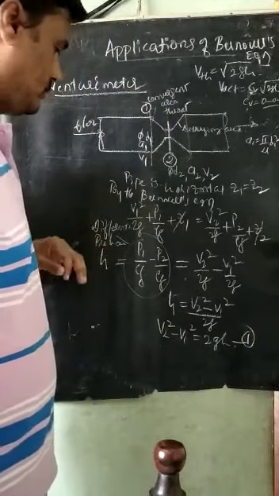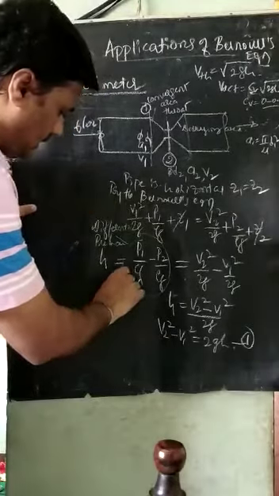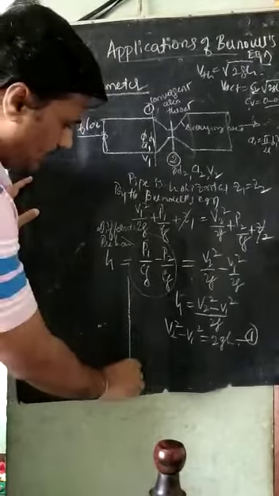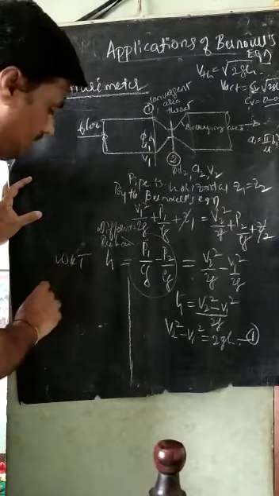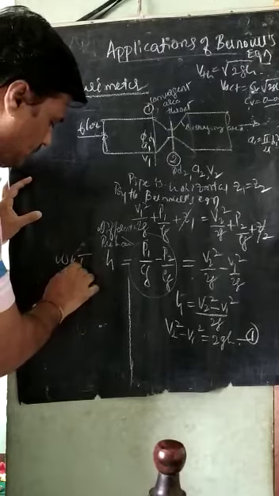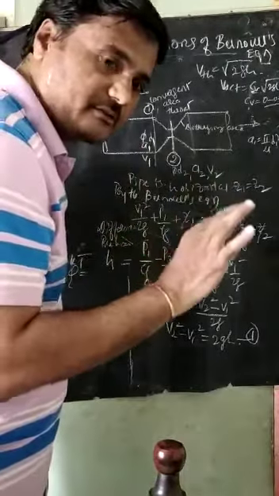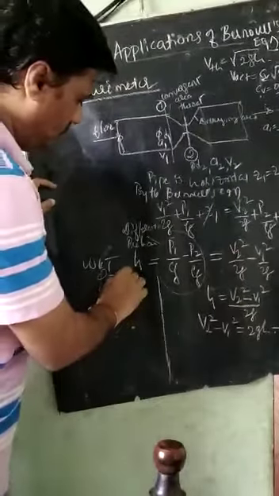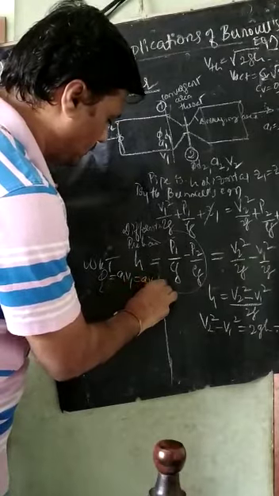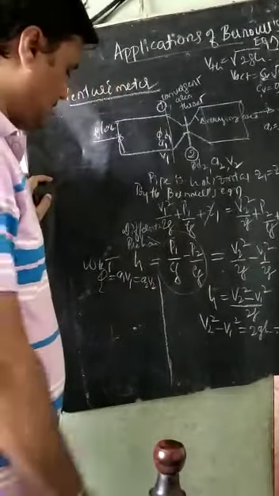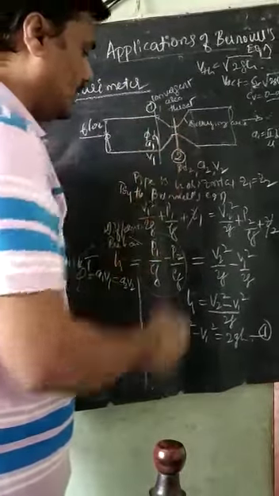Then I will continue this derivation. We know the continuity equation: if I apply it for section 1 and section 2, Q is equal to A1 V1 is equal to A2 V2. That is, the volume flow rate at section 1 is equal to the volume flow rate at section 2.